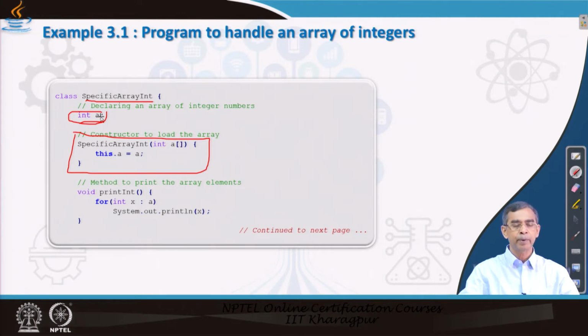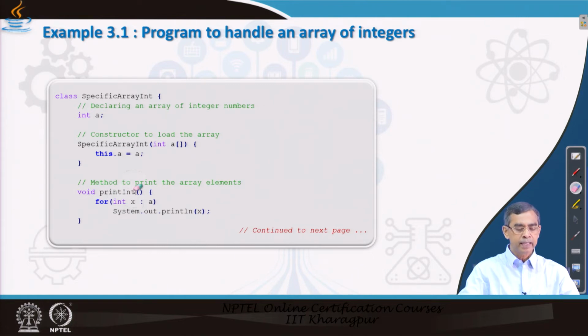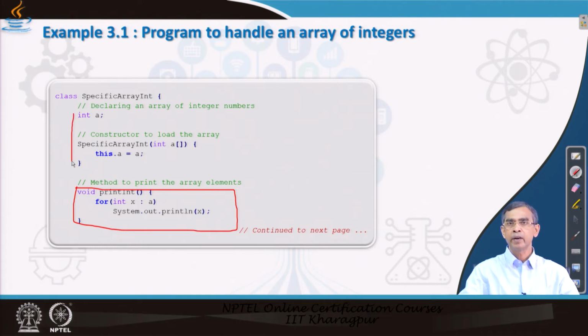So, this basically refers to the array, and whatever array is passed to this program will be initialized to this one. So, this constructor is to be defined here, and then there is another method, the print method, which basically prints the whole array. So, here is the declaration of an array of elements and initialization, and this is the printing.